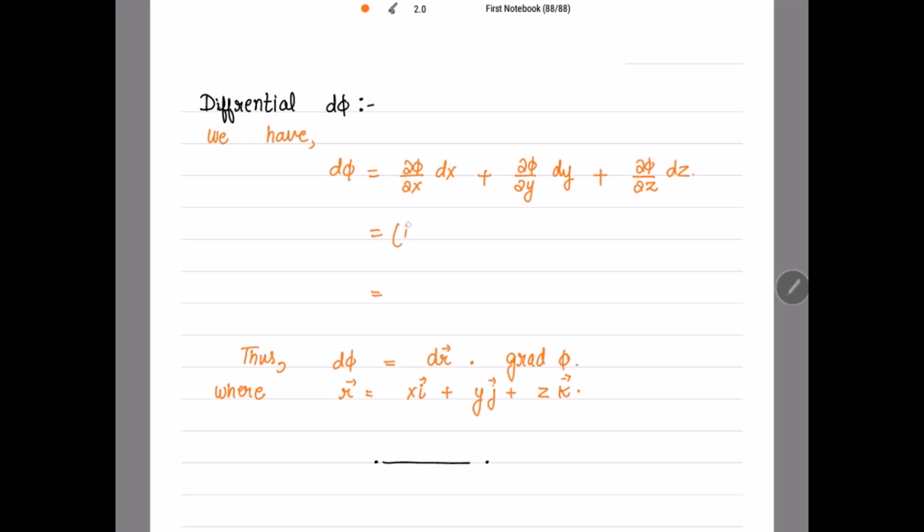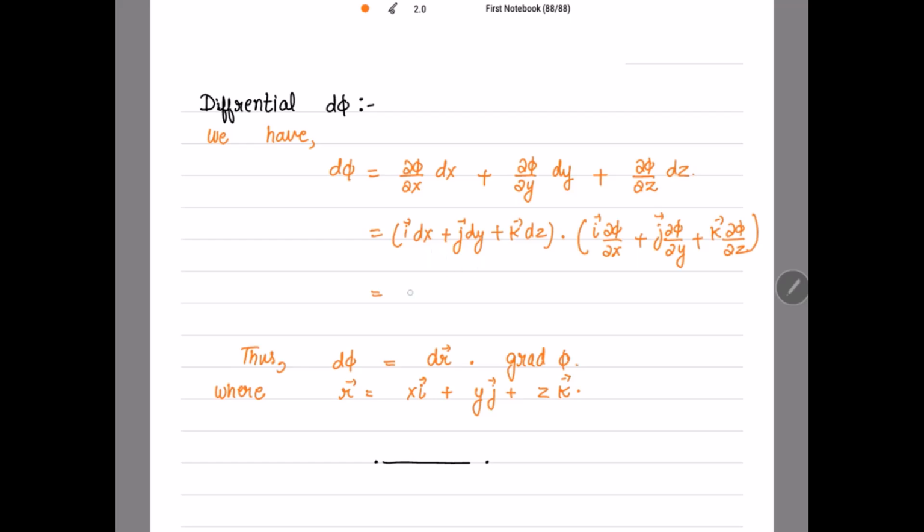Yes. I'm writing i dx plus j dy plus k dz dot product with i del phi by del x plus j del phi by del y plus k del phi by del z. Yes, what is this? Very good, this is your grad phi.